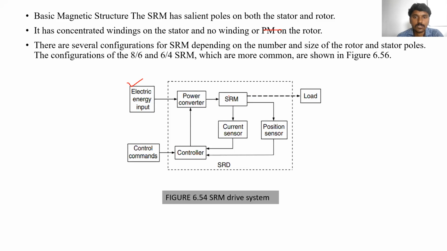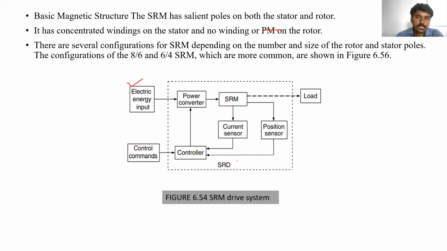The motor is connected to the load mechanically, not electrically. The power converter and the electrical supply are connected electrically, and the power converter and the switched reluctance motor are also connected electrically.